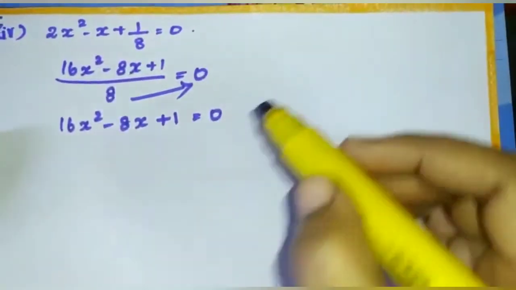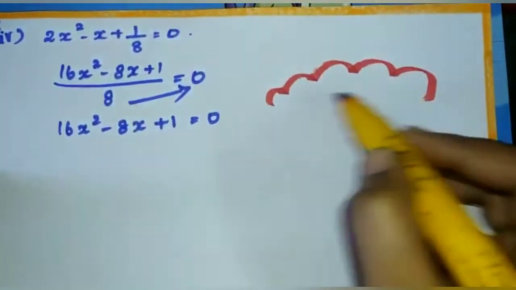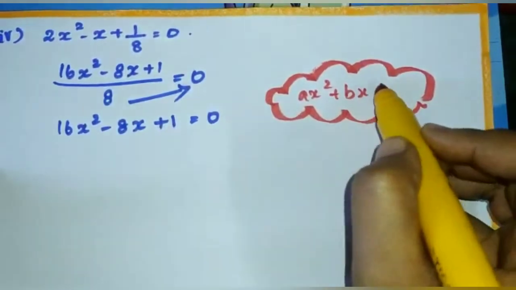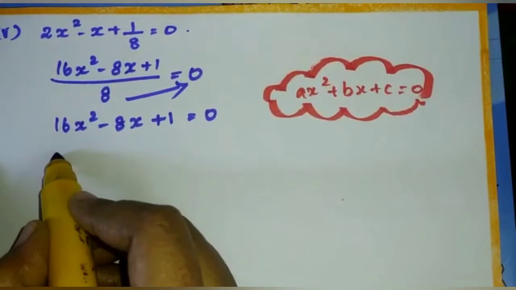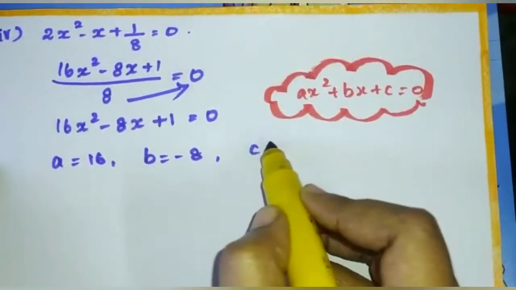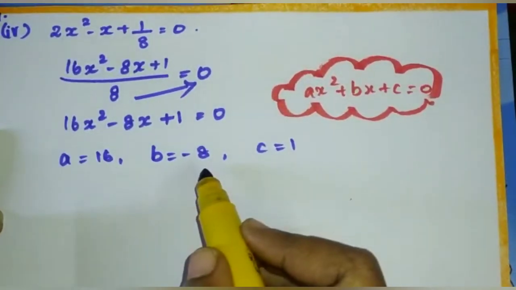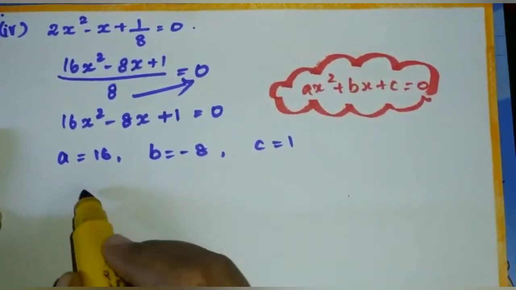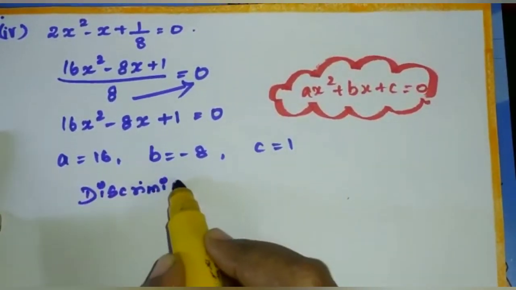Now you can compare this with the general form ax square plus bx plus c is equal to 0. So what is the value of a? A is equal to 16, b is equal to minus 8 and c is equal to 1. Then we have to find the discriminant.